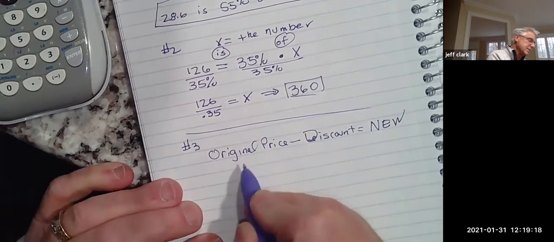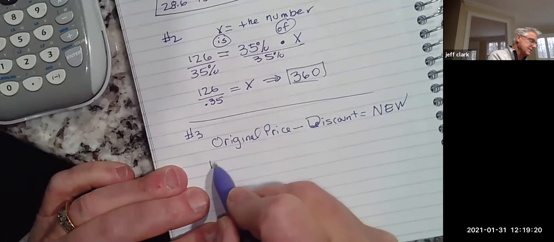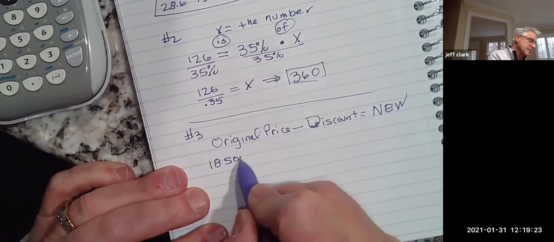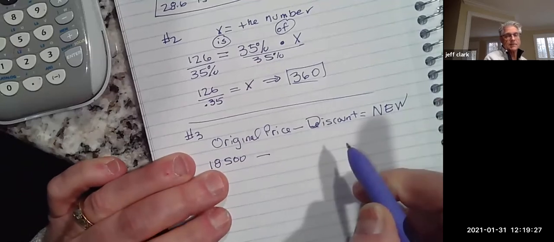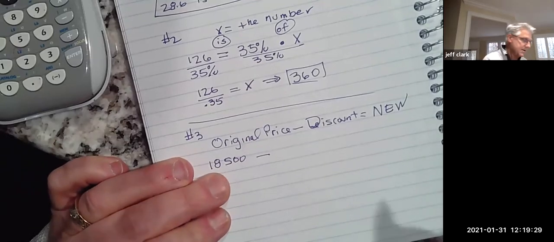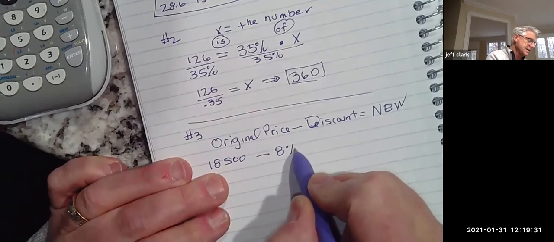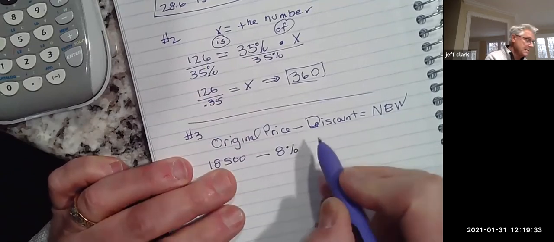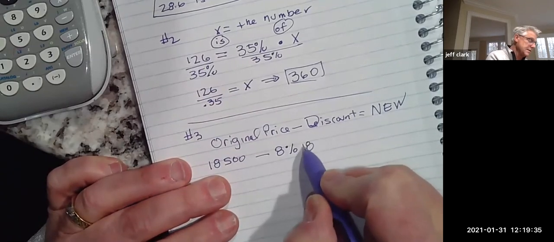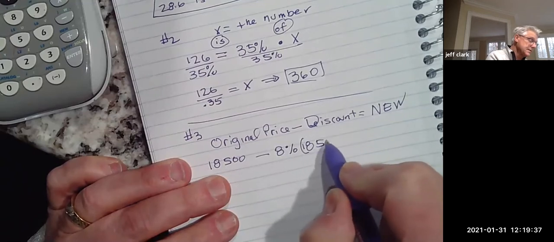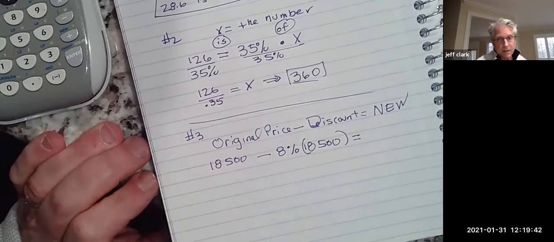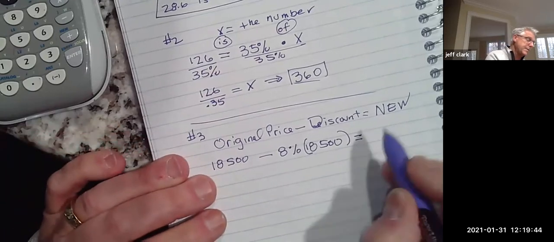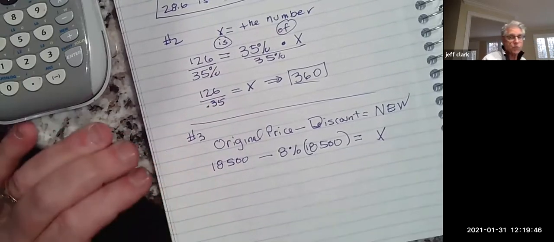The original price right here is $18,500. Now, the discount is 8% of, that's multiplication, so 8% of the original price. So maybe parentheses. And that equals your new price. So maybe that's your X.